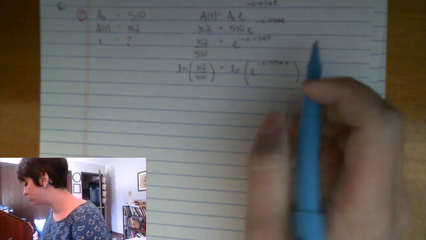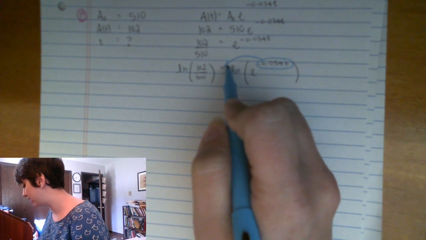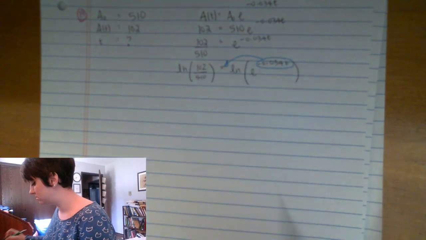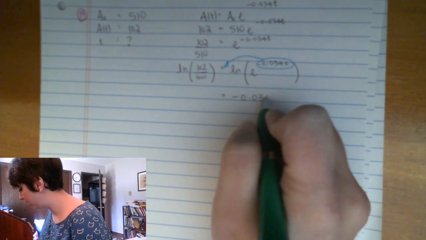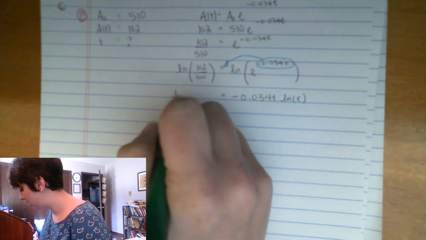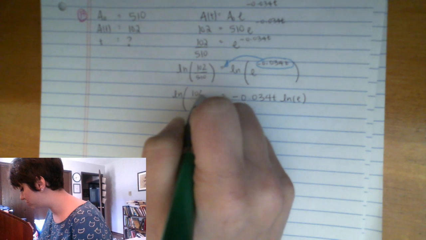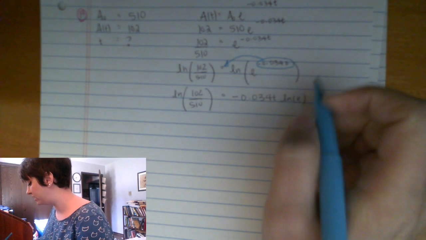Why do we take a natural log of both sides? Because that lets us pull the power down to the front, which means we get negative 0.034 t natural log of e equals the natural log of 102 over 510. But the natural log of e is 1.